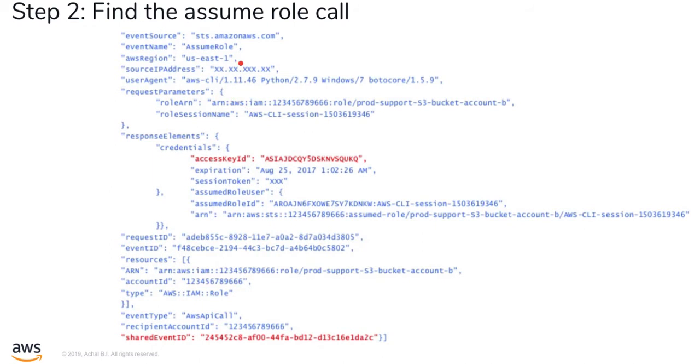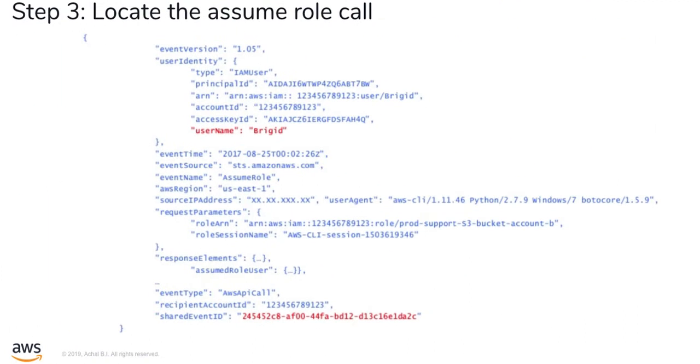Next, we would find in CloudTrail, for this access ID, what the shared event ID is. Every access ID would have a shared event ID. So you would capture this shared event ID and go to that respective account and find the actual user.